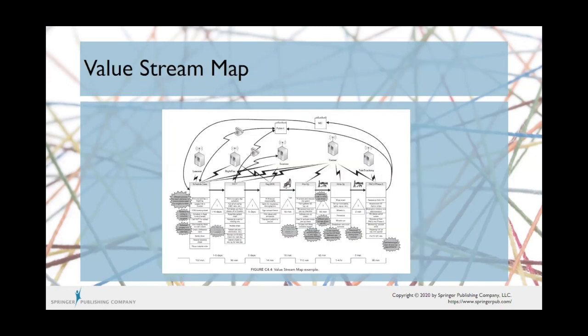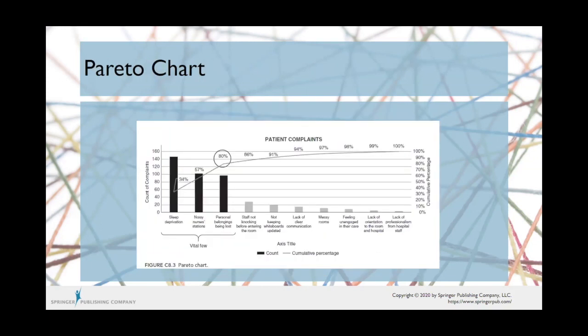But there are other tools, like the value stream map, famously lean, taking you through the process, in this one for patients, showing how it's scheduled the cases, and it goes all the way through the process with the bursts there showing the delays. You have a Pareto chart. I would maybe consider this a Six Sigma tool, although used in lots of different contexts. This one is for patient complaints.